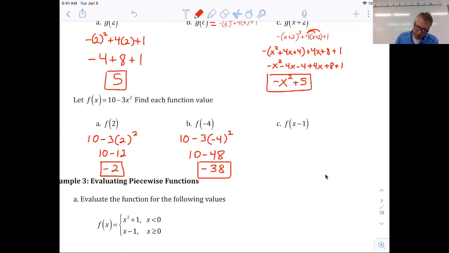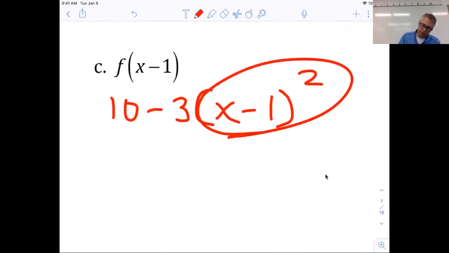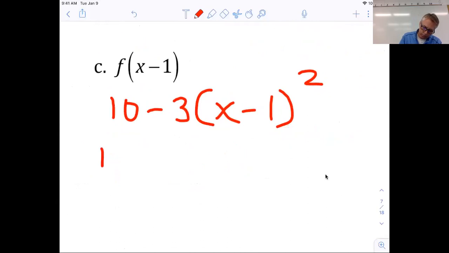And now f of x minus 1 means I'm going to do 10 minus 3 times, in parentheses, x minus 1 quantity squared. Now I got to do a little algebra magic to clean that guy up. So I have to FOIL this out first. When you FOIL that out, that's going to be x squared minus 2x plus 1.